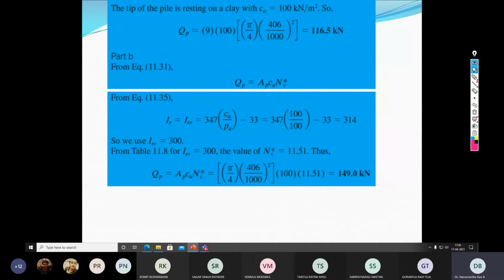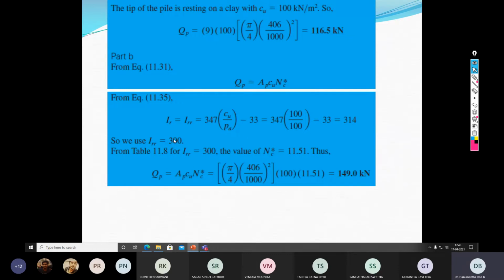If you substitute the values of Cu and Pa and calculate, the value of Ir or Irr is obtained as 314. But the method says that this value by no means should exceed 300, so limit it to 300 only.